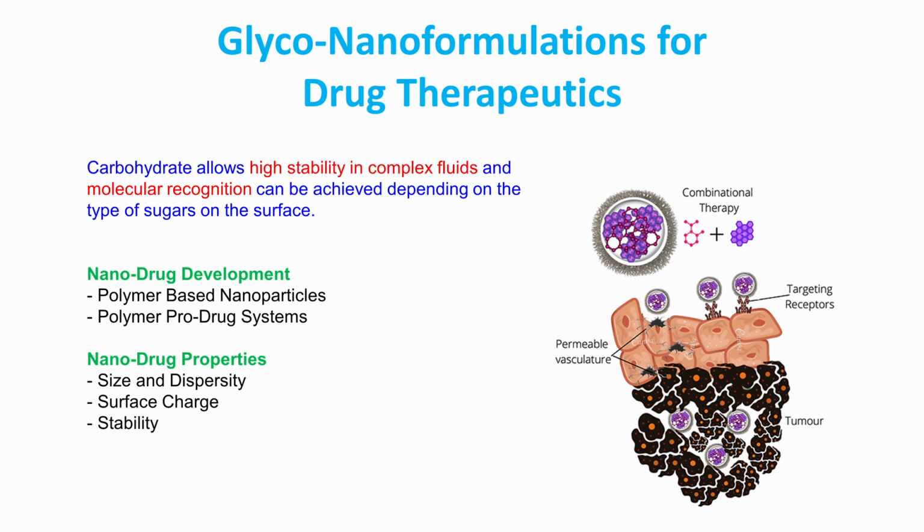So we sensitize those hypoxic cells and make them more receptive towards chemo and radiation therapy. What we have seen is that this nanoparticle offers better protection of those drugs, because the drug itself is sensitive towards degradation. So we have done quite a bit of work on that.